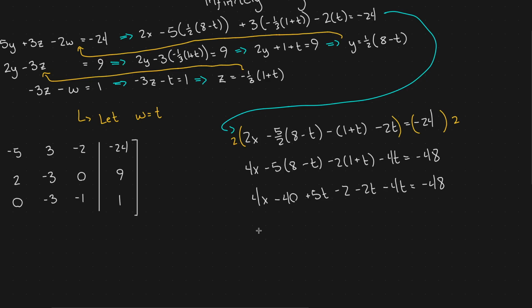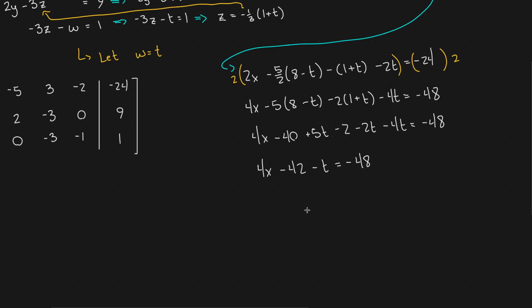So combine my like terms on the left-hand side. I have 4x. -40 minus 2 is -42. And 5t, -2t, -4t. I'm getting -t. So I get 4x equals, I want to solve for x.